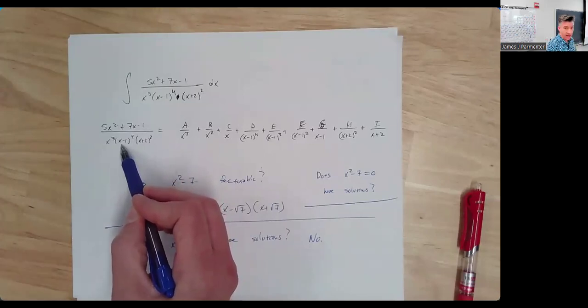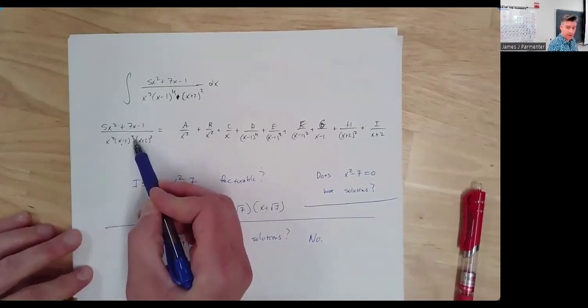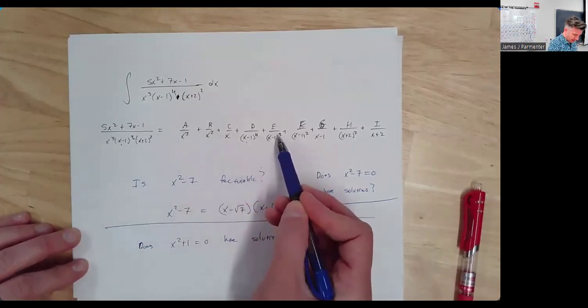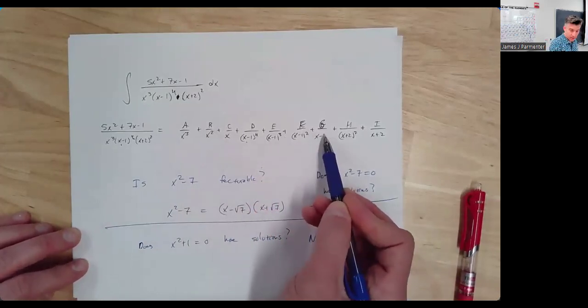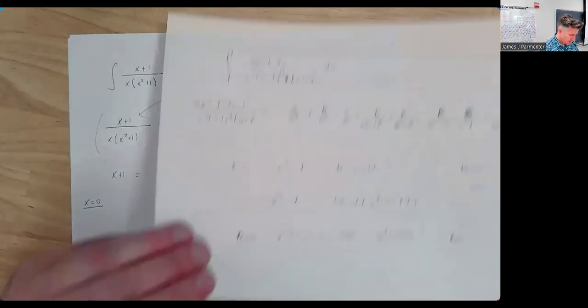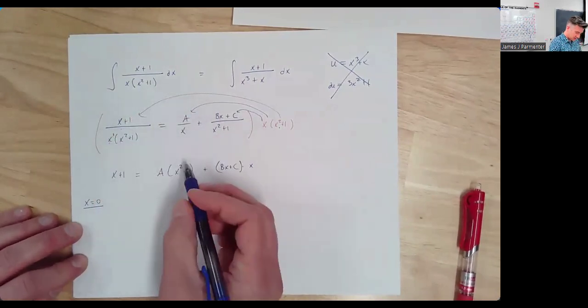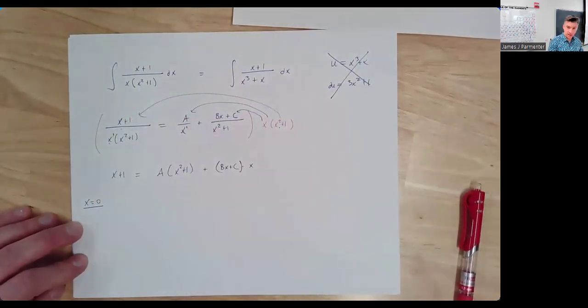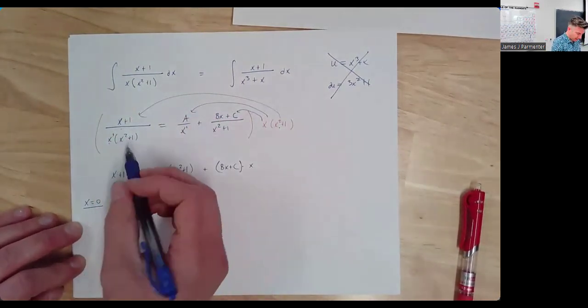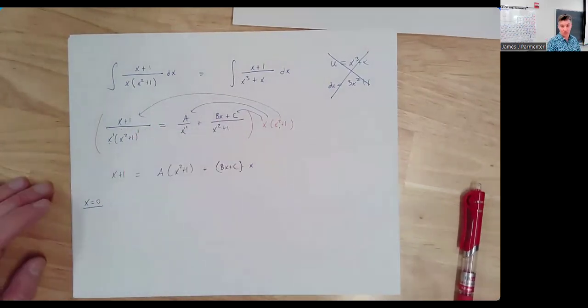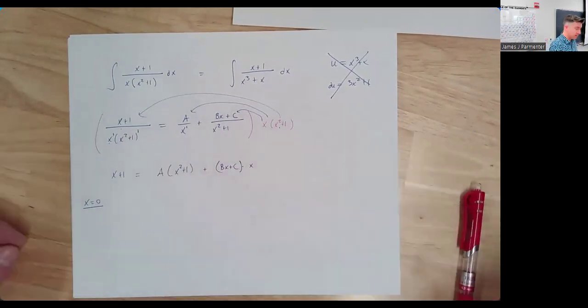If you have a linear factor that's repeated, then you need that linear factor to its highest power and every lesser power. But here, my linear factor x to the first is only raised to the first, so the only power I need of it is x to the first. And similarly, my x squared plus 1 to the first isn't repeated. I don't need any higher or lower powers of it. That's the only one I get. Question?